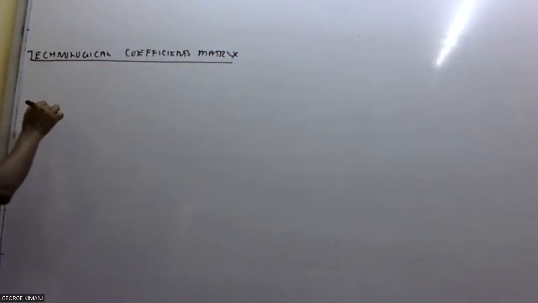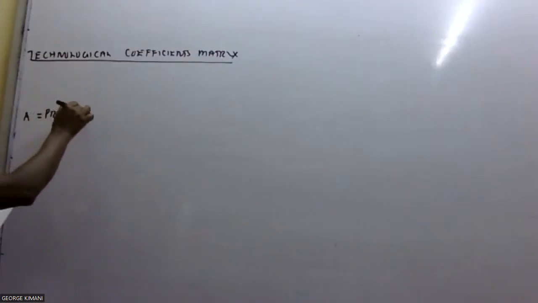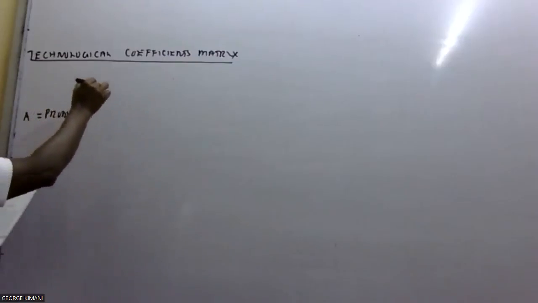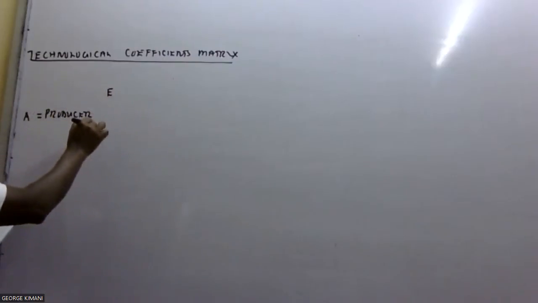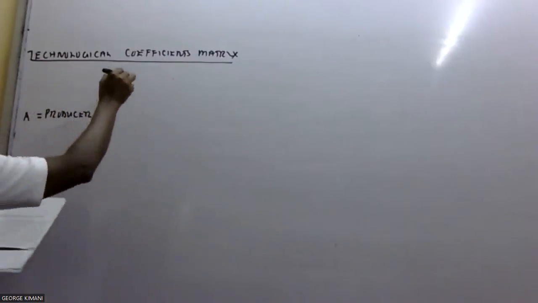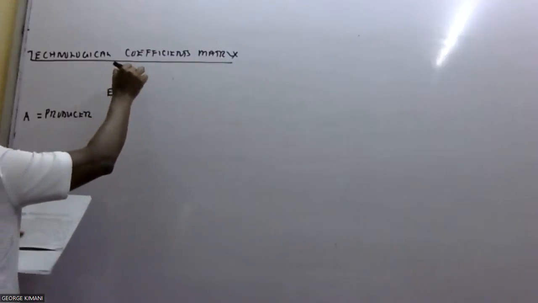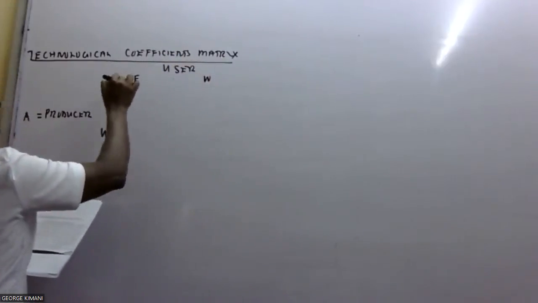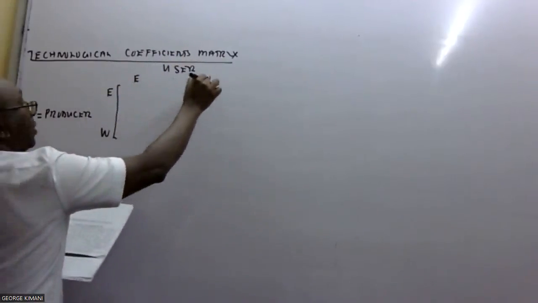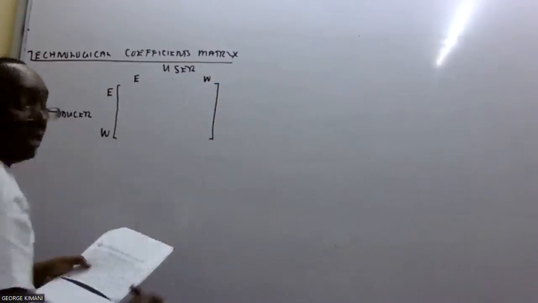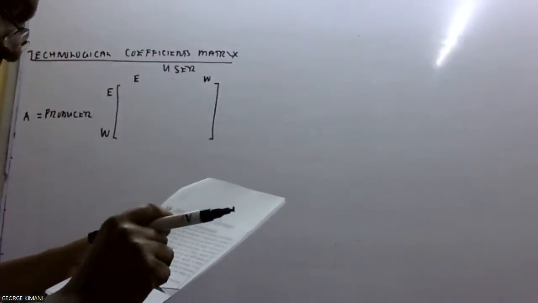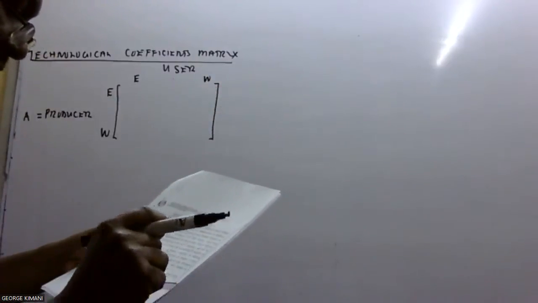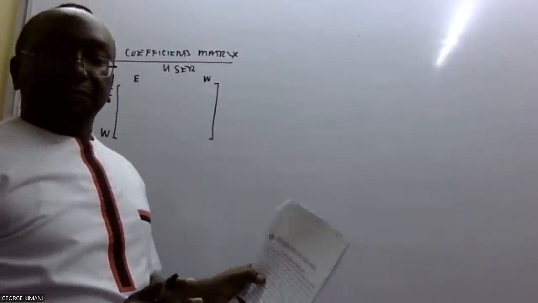So this matrix, we write up matrix A. We have the producer on this side. Producer is company E for electricity, and W for water. Then here we have E and W. This is where we have the user. Suppose that the production of $1 worth of electricity requires its input.